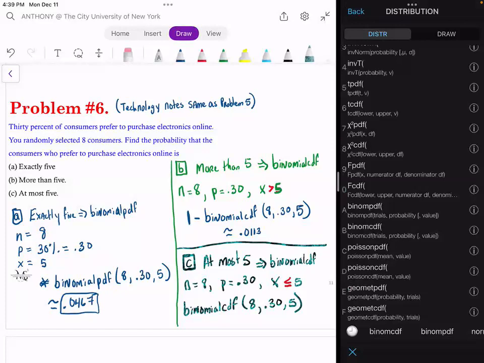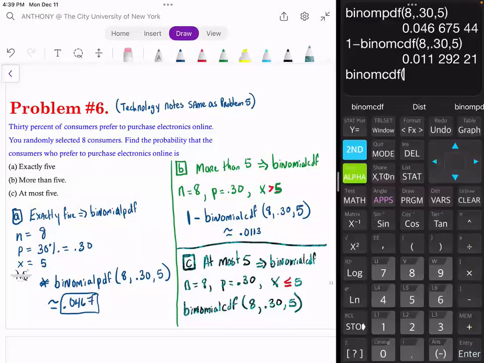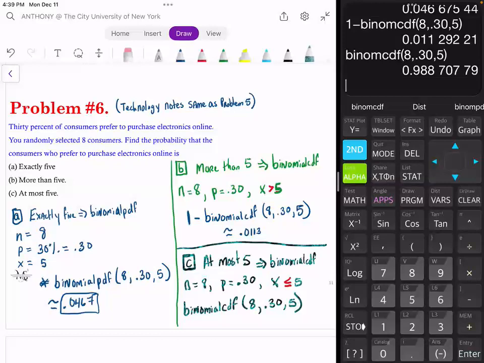Second VARS, binomial CDF, 8, comma, 0.30, comma, 5. And we get exactly the complement of the previous answer. So it will be 0.9887. Okay, so those are your solutions to parts A, B, and C of problem 6.